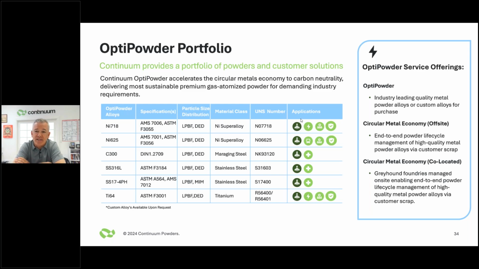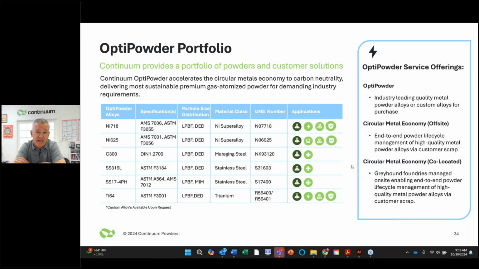What we do, though, is also a large series of custom alloys, usually through a partnership with Elementum 3D, or something we might be doing proprietarily, usually more of a micron size with one of our customers. And what we also try to do at Continuum is not just be the highest quality, the most sustainable, focused, and the most cost flexible, but we've also really tried to bring an element of higher touch and better service levels to the industry.